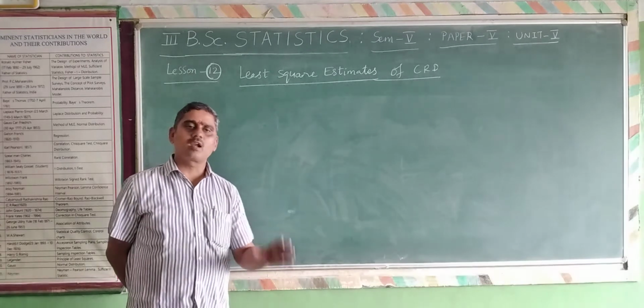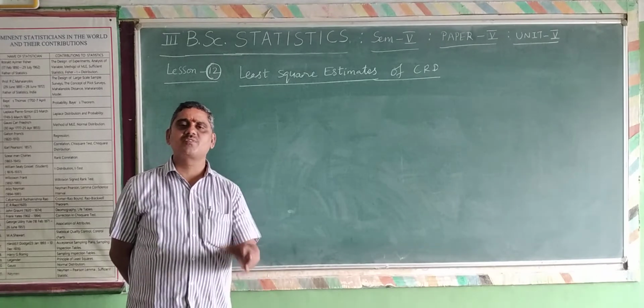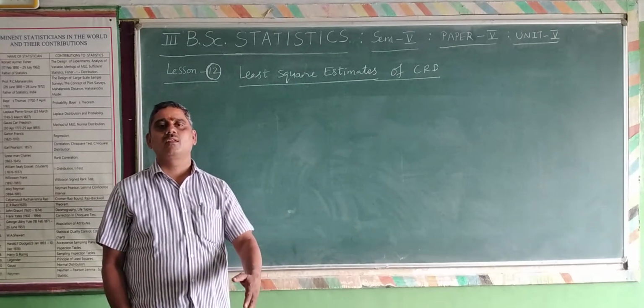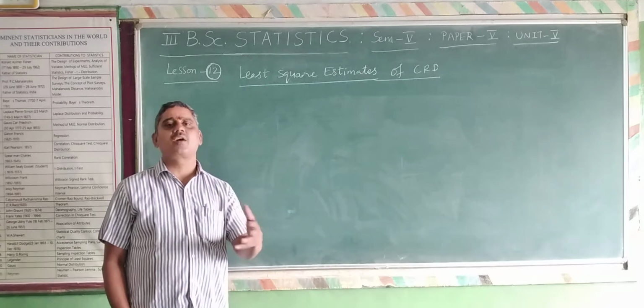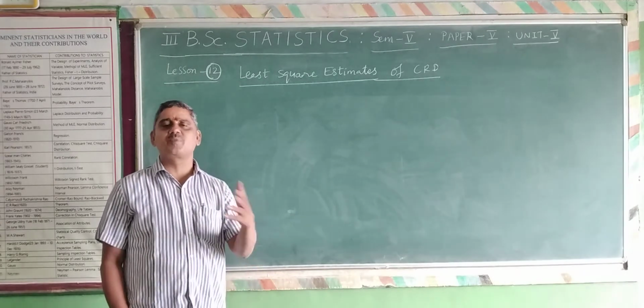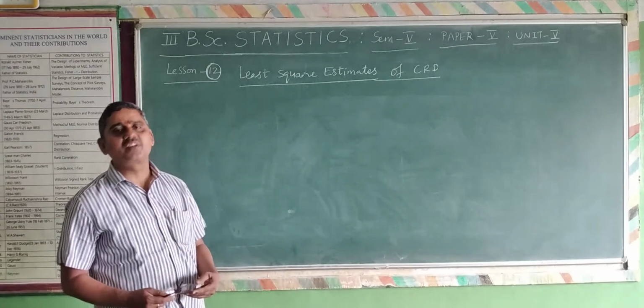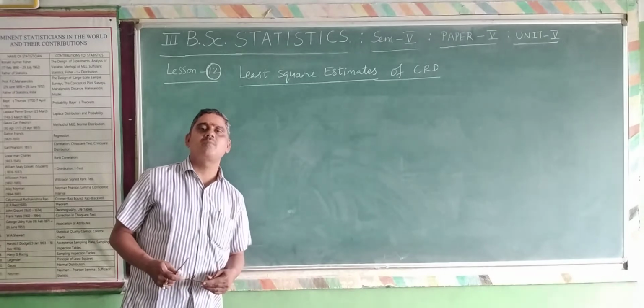So we have to consider the error component E, the sum of the squares of the residuals, and then take the partial differentiation, set it equal to 0 with respect to the respective parameters, and you will get the respective estimates of the parameters mu and alpha.